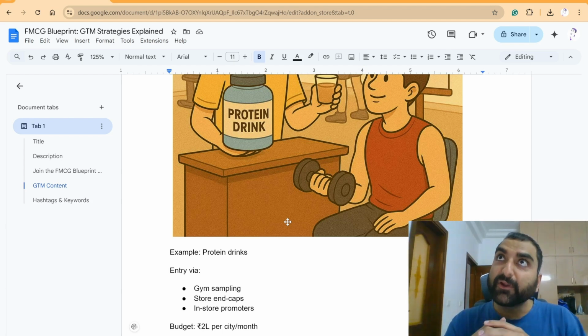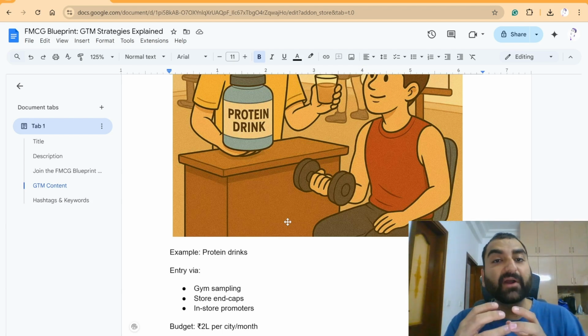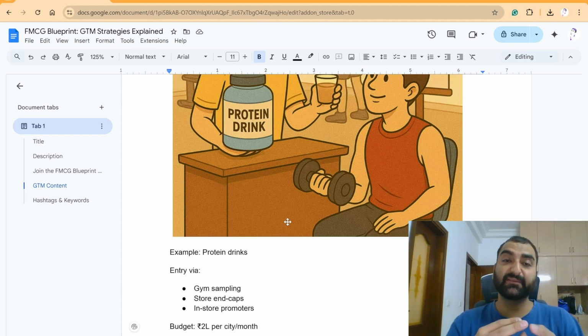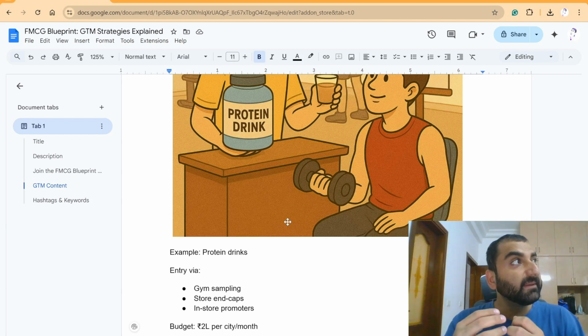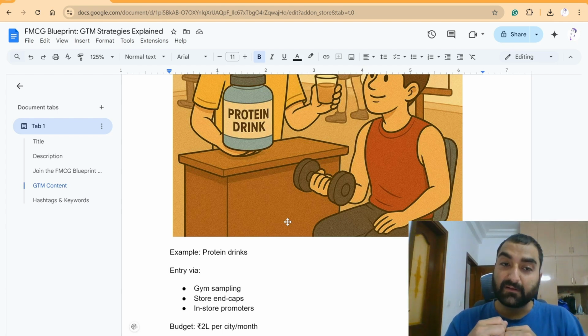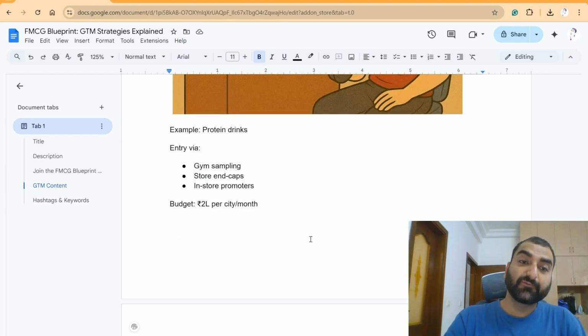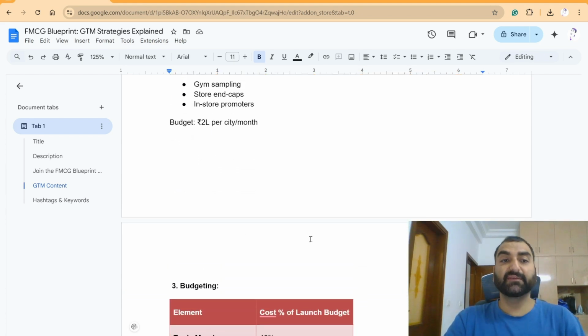And then you need to appoint in-store promoters. These are required so that they educate the customers about your product benefits, how it is differentiating from the competition available there, and ensure that people generate that trust factor along with the amount of BTL that you're spending on it, right? So it's a mix of two or three GTM strategies.